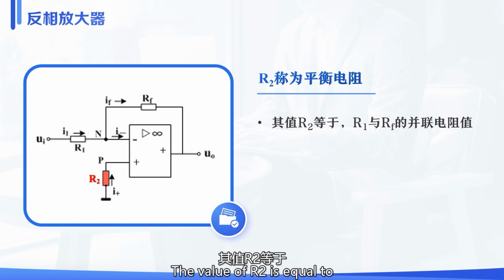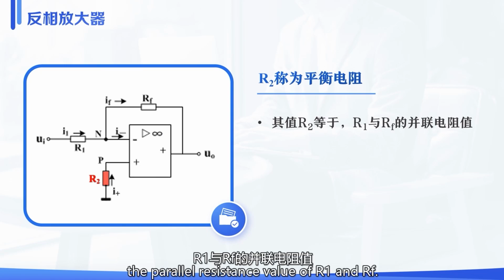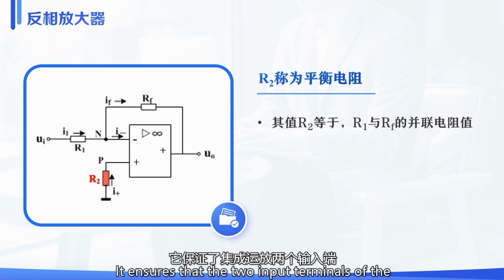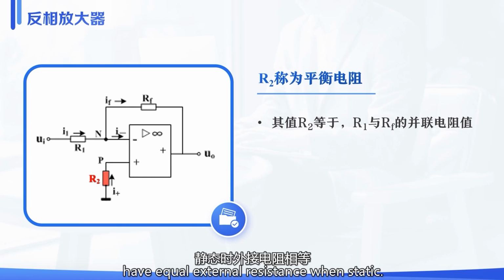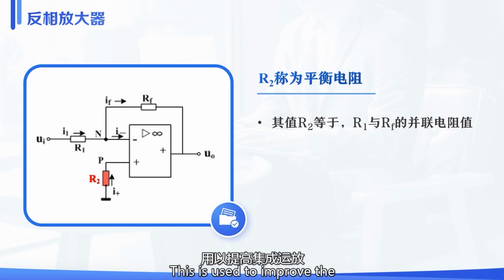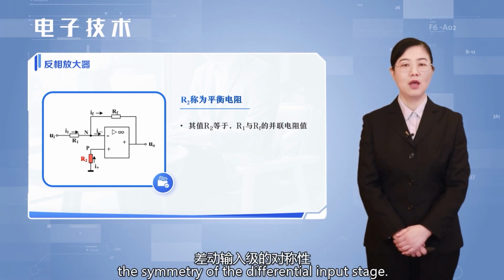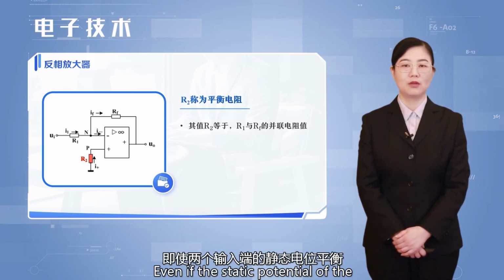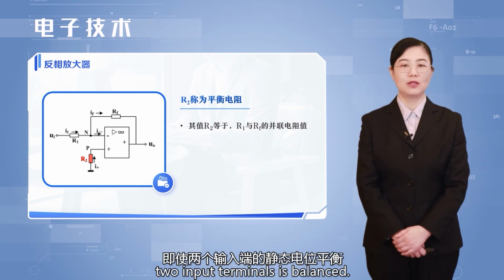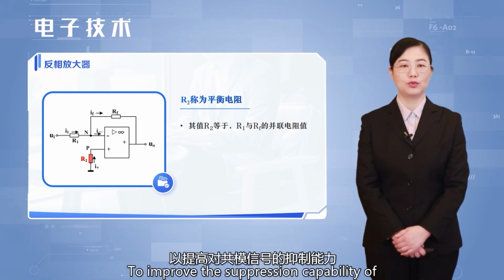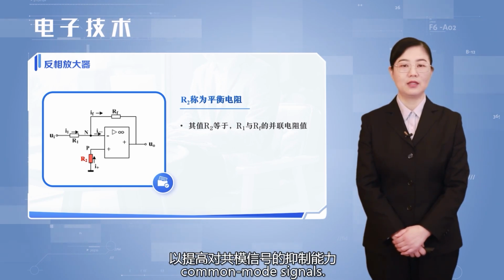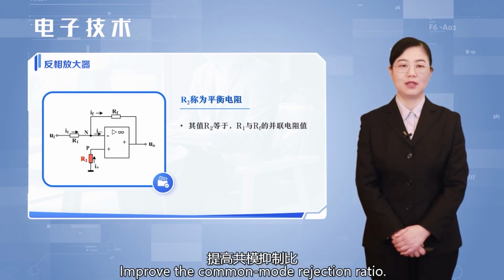The value of R2 is equal to the parallel resistance value of R1 and RF. It ensures that the two input terminals of the integrated operational amplifier have equal external resistance when static. This is used to improve the symmetry of the differential input stage of the integrated operational amplifier, so that the static potential of the two input terminals is balanced, improving the suppression capability of common mode signals and the common mode rejection ratio.